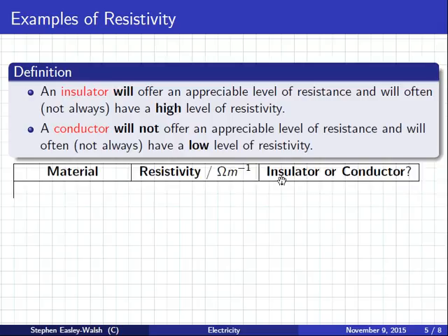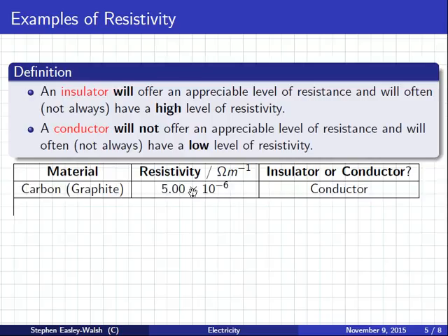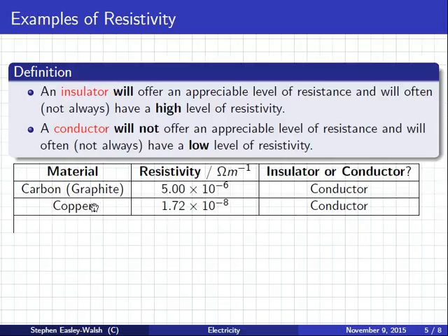So let me give you some values, okay? We take something like graphite. Graphite is in your pencil. You see the stuff inside his pencil? That's graphite, carbon. See, its value is quite low. So in fact, it's a good conductor. Now, copper, you know copper? Metal, also a good conductor.